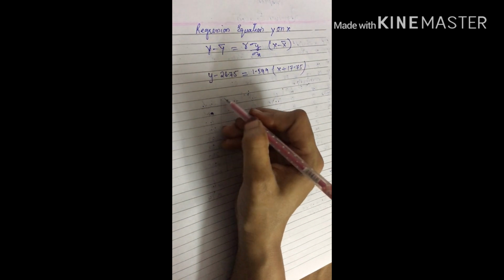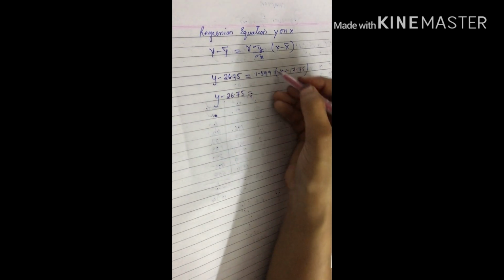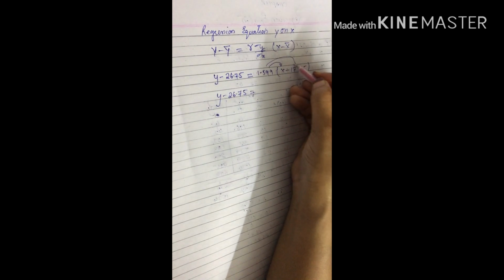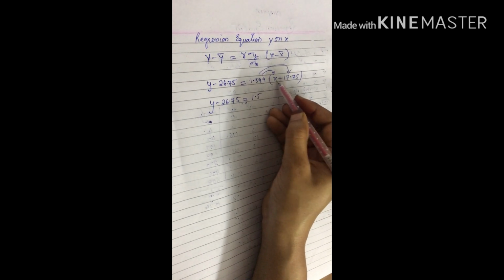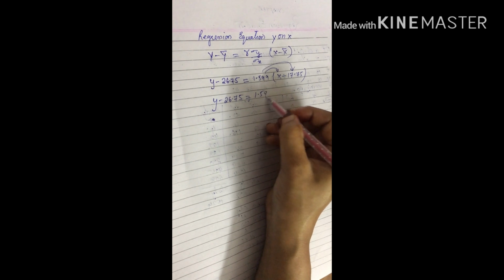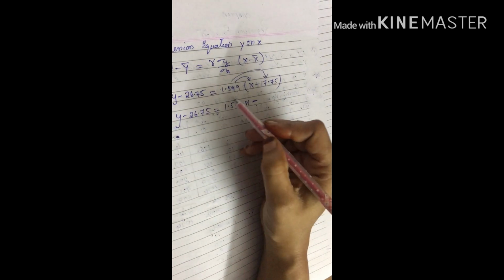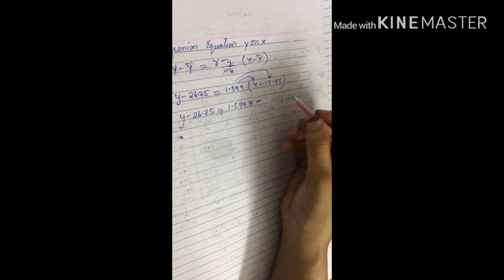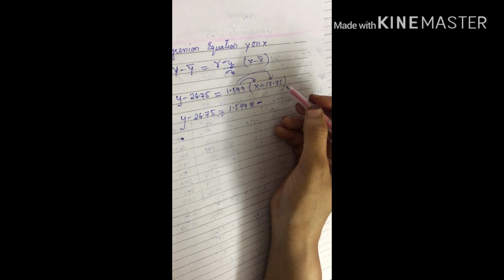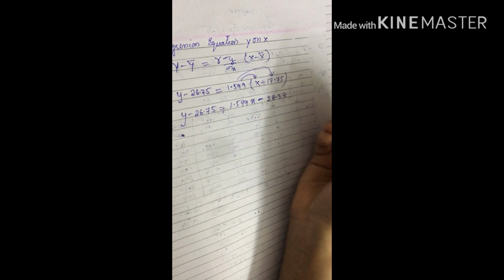So y minus 26.75 equals, same way multiply: 1.599 into x is 1.599x, minus 1.599 into 17.75, which is 28.38.